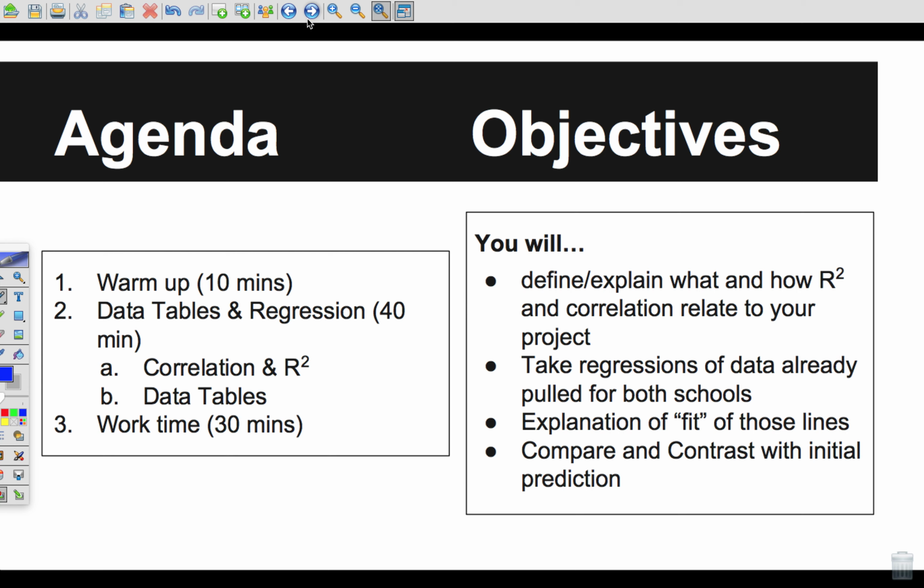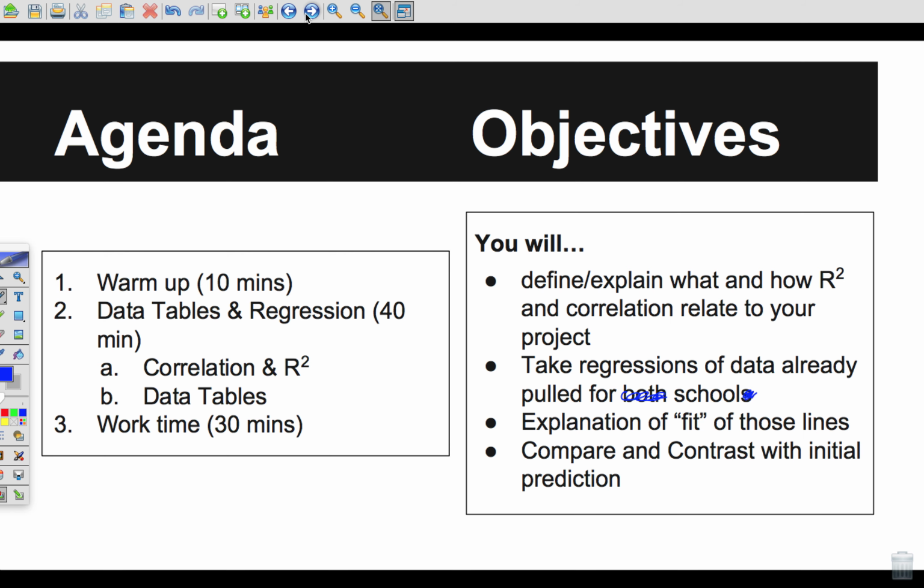Okay, so things that we're going to be doing today is we're going to be looking at correlations and data tables. Okay, so things that we're going to cover is you're going to be able to, by the end of this video, define and explain what and how R-squared and correlation relate to your project. You're going to be able, so here's that word again, take regressions of the data that you've already pulled, not for both schools, just the one school, and then explain the fit of those lines and compare and contrast it with your initial prediction.